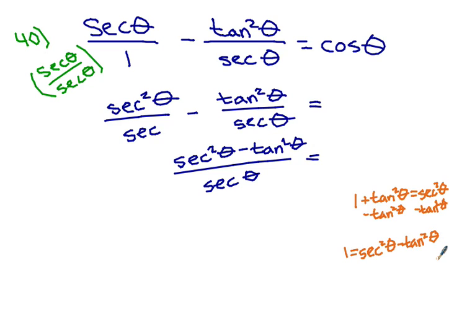Okay? And that's what we're looking for. So now we have that direct substitution. So this is 1, which is what we're hoping for. So we end up with 1 over secant. And 1 over secant is cosine.